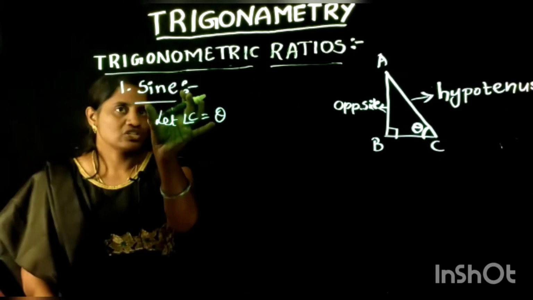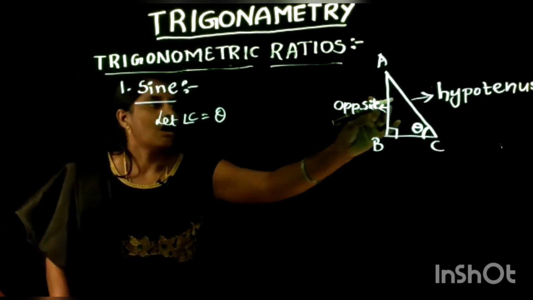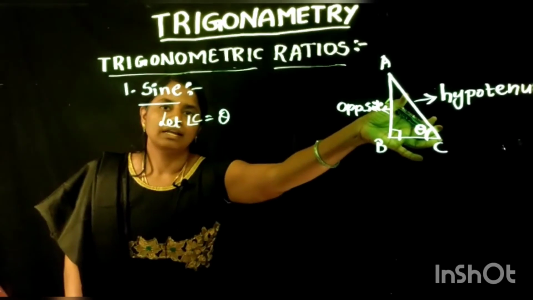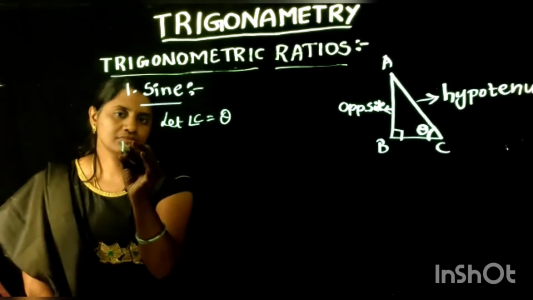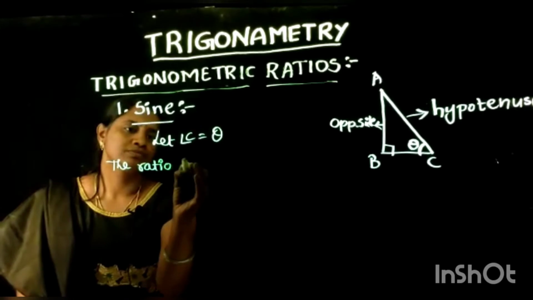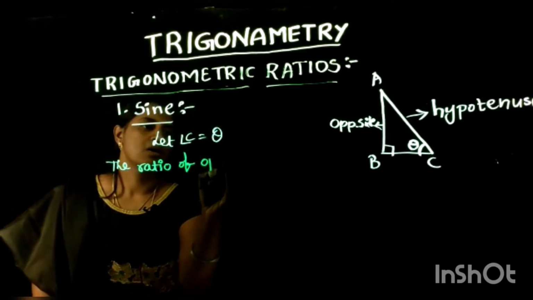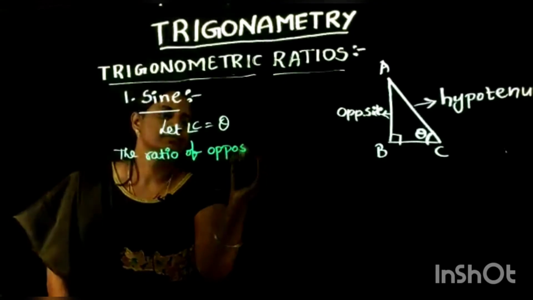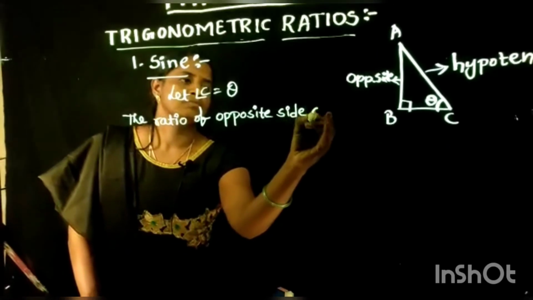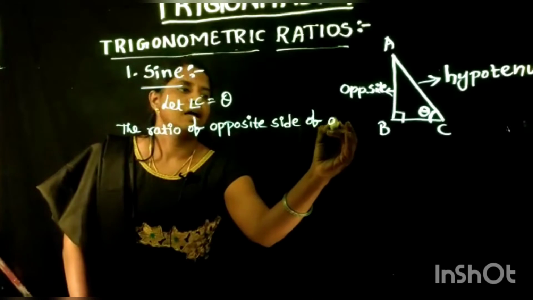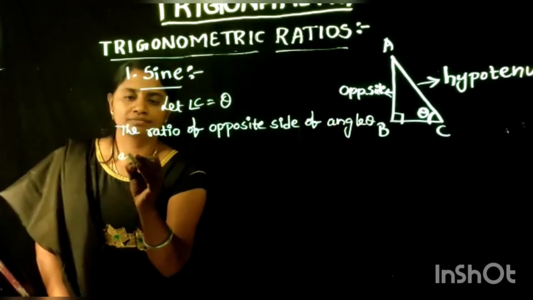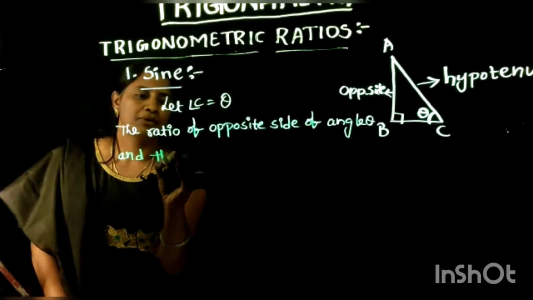What is the definition of sine? It is the ratio of the opposite side of angle theta and the hypotenuse.